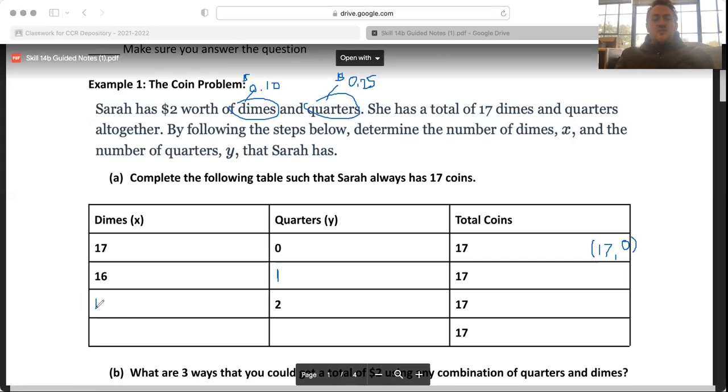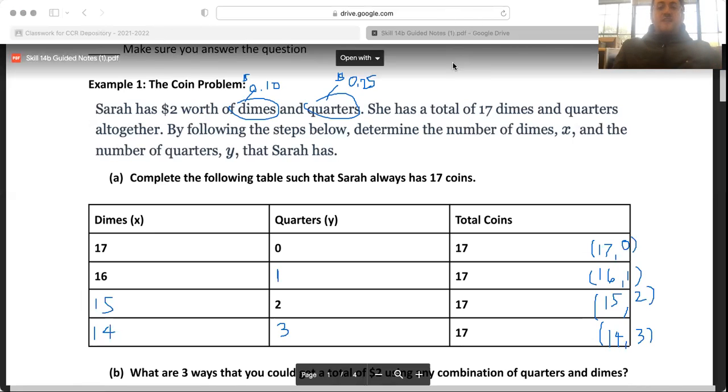If I have 2 quarters, that means I need 15 dimes to get my 17 coins. And maybe I could do 14 dimes and 3 quarters. We could even write these in coordinate form, and you'll be asked on the next page to graph them. But we can see a pattern that every time we go down a dime, we go up a quarter.